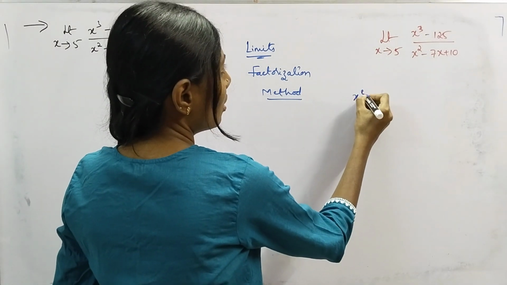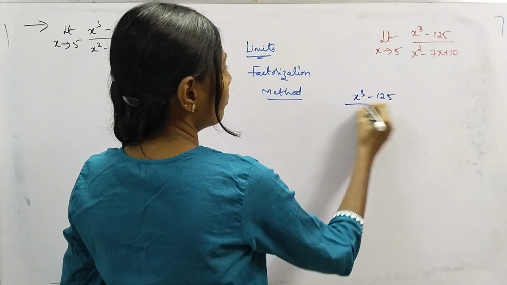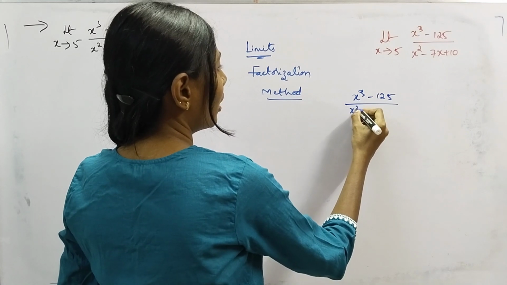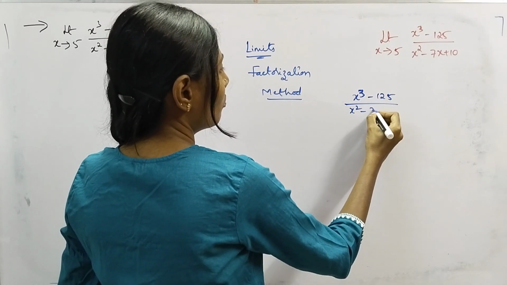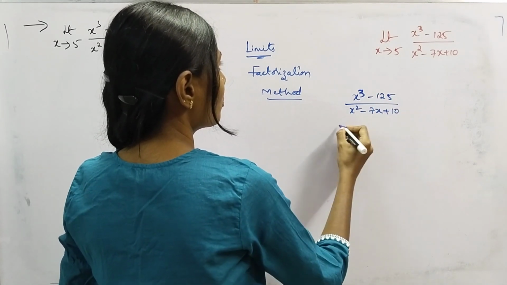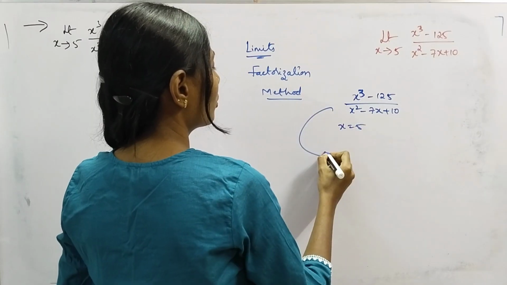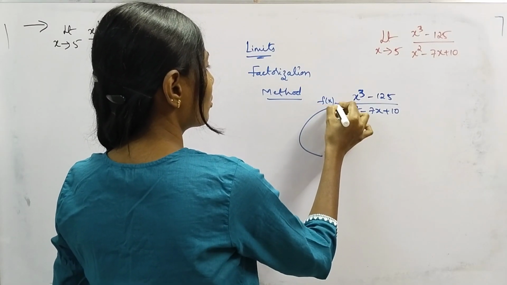We are given x cube minus 125 by x square minus 7x plus 10. Just substitute x equal to 5 and see what you get. This is the function, say f of x.